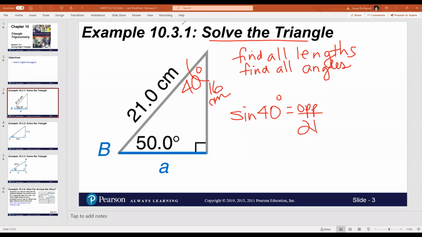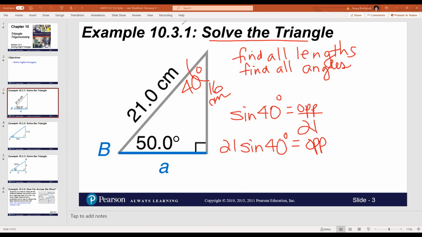If I want to clear that denominator, I can multiply through by 21 on both sides. 21 sine of 40 degrees has to give me that opposite side length. So go ahead and do that. 21 sine of 40.